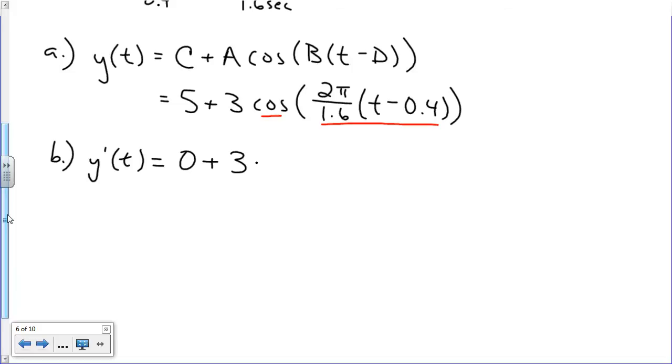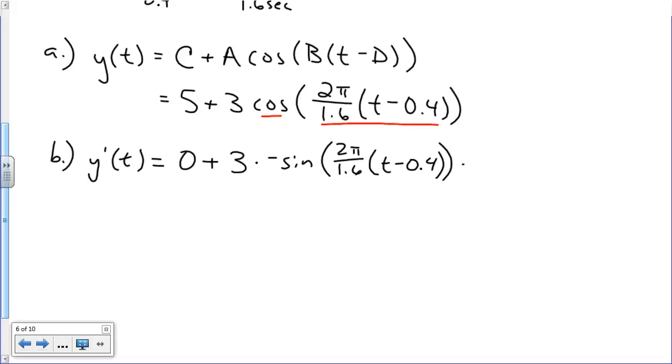The derivative of my outside function, the derivative of cosine, is a negative sine. I'm going to evaluate that at the inside function. The derivative of the outside is the first step of the chain rule. Evaluate at the inside: 2 pi over 1.6 times t minus 0.4 is the inside function.